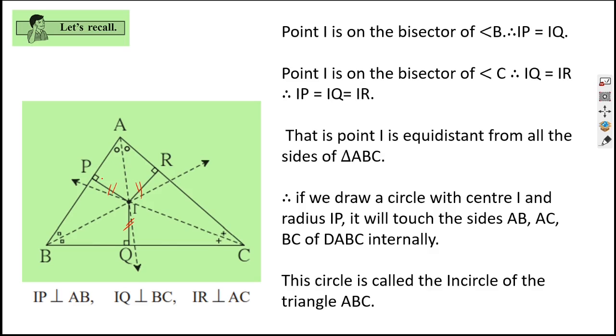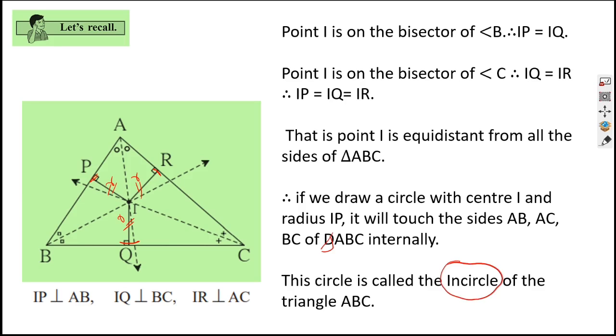Then why can't you draw a circle taking this as radius? Naturally, that circle will be touching here, touching here and touching here, and when completed it will look like a circle inside the triangle, which we have named as incircle.